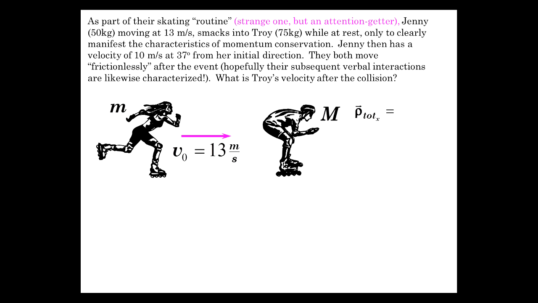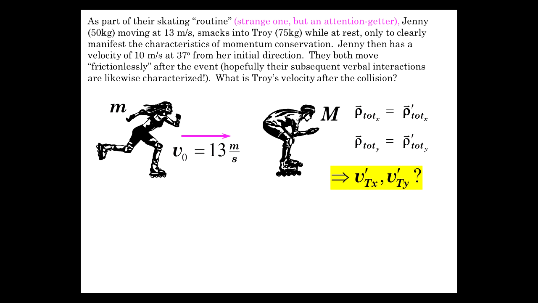Well, the total momentum in the x direction before the collision is the total momentum in the x direction after the collision. We're dealing with a vector quantity. Since it's two-dimensional, we have to consider both dimensions, x and y, so the total in the y is the same before and after as well.